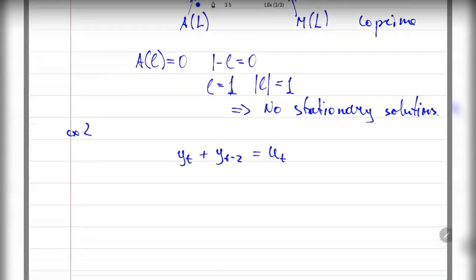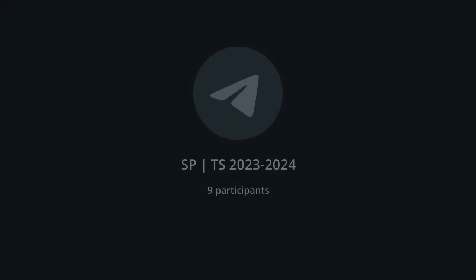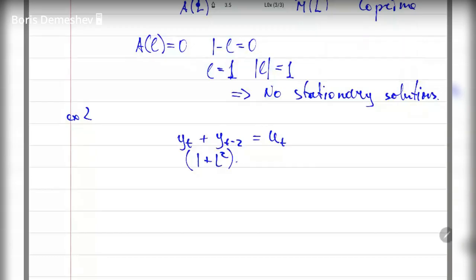The same question, how many stationary solutions do we have? So let's write it in lag polynomial form. (1 plus L squared) times y_t is equal to 1 times u_t. This is my A of L. This is my M of L. Once again, they are coprime.